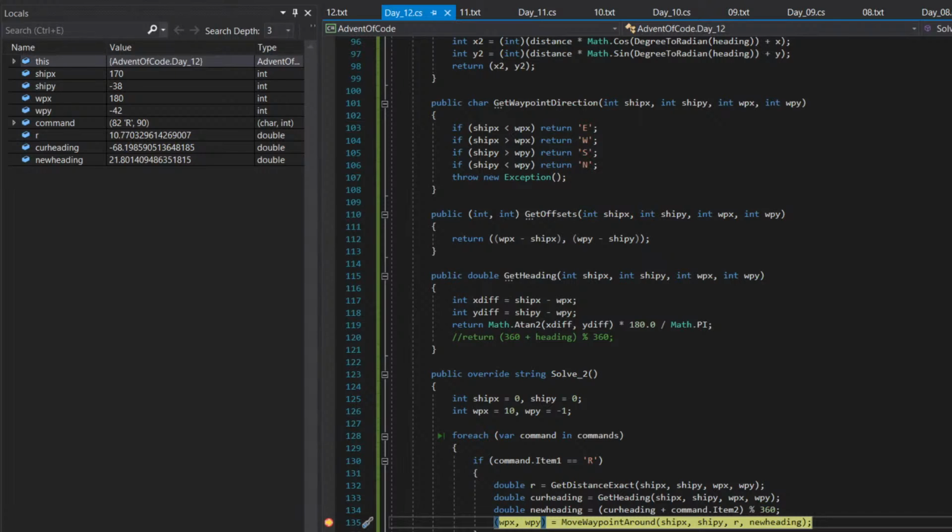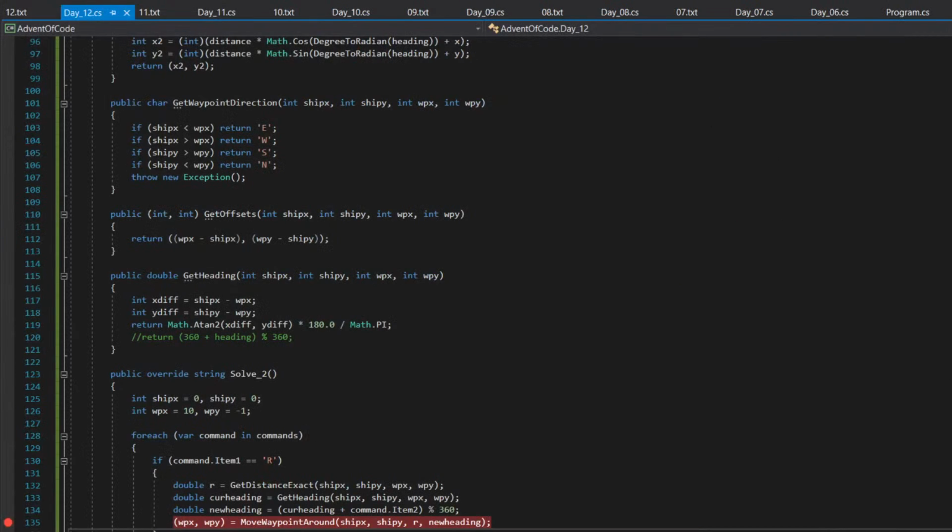Which is right, because we are to the right and above. Yeah, I was on a roll, but then they gave me basic trigonometry, and apparently that's a bit too much for me.